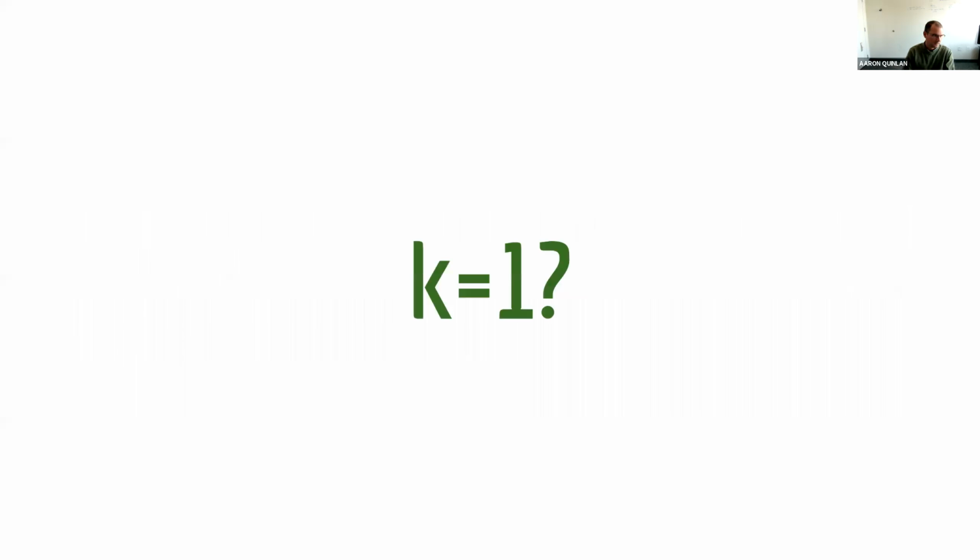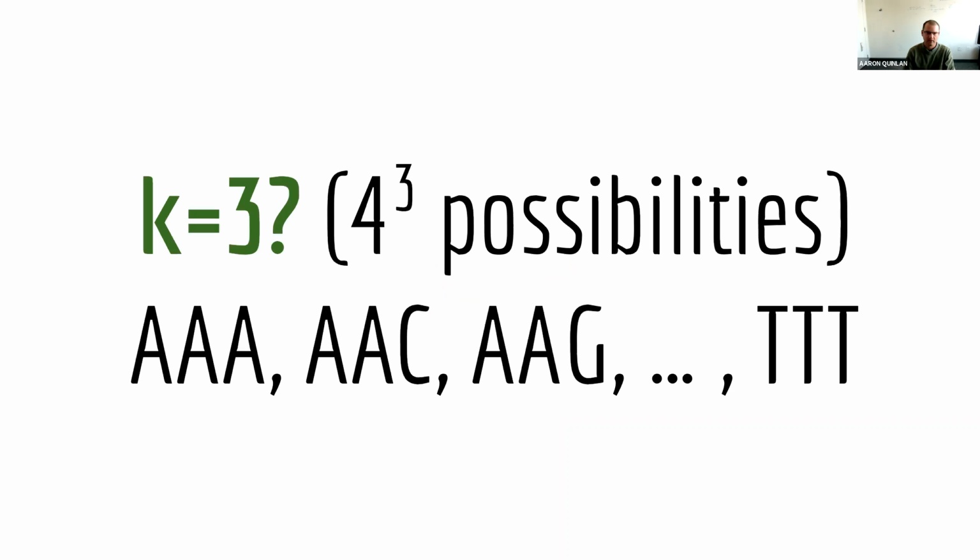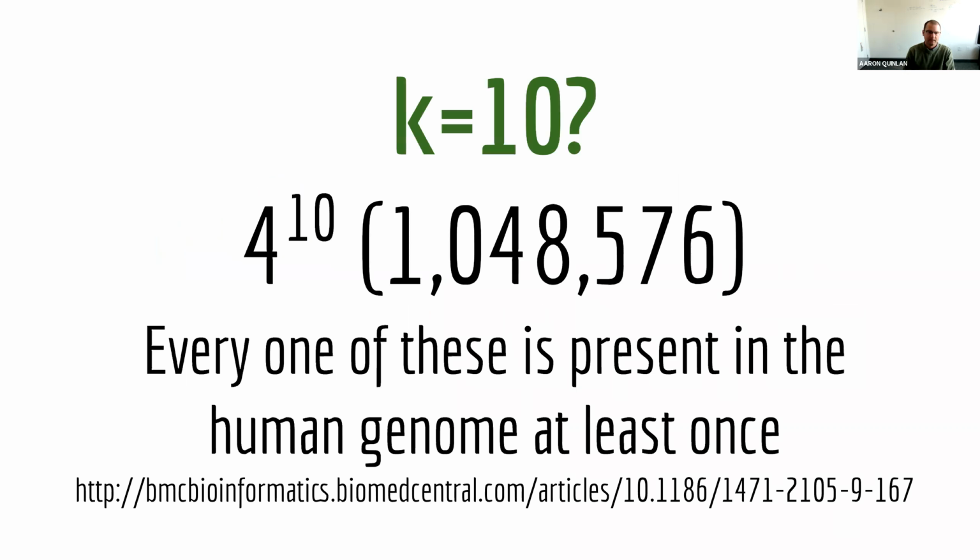Okay, so Jordan already destroyed this idea of k equal 1. No, that's a terrible idea. 4 to the 3rd, we didn't like that. K equal 10 is actually interesting. In the early days of alignment, the other trade-off here is that when k gets large, you start to use more and more computer memory to store that index.